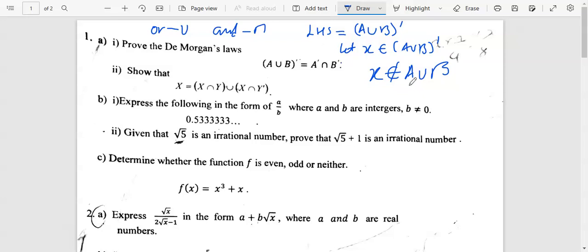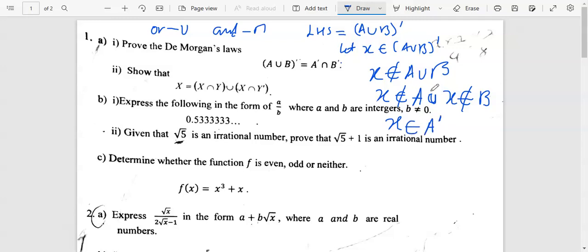So "or" is going to represent intersection, meaning that x is not a member of A and x is not a member of B, meaning that x is a member of A complement.